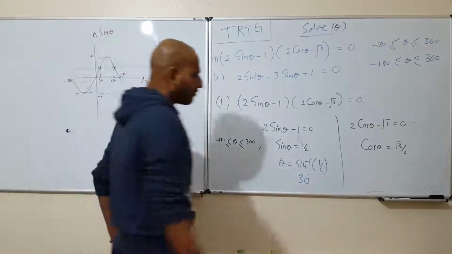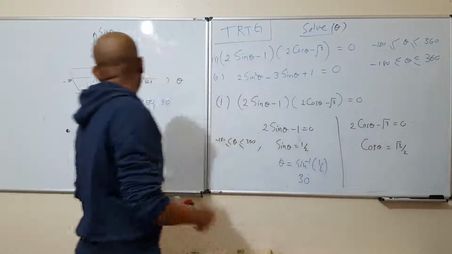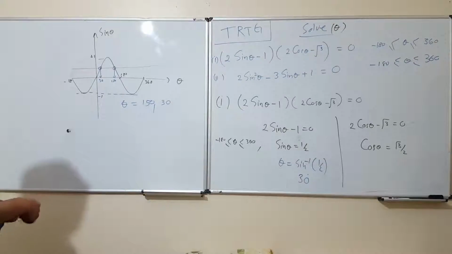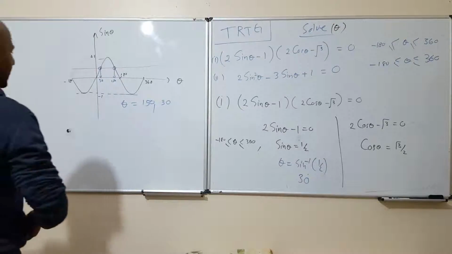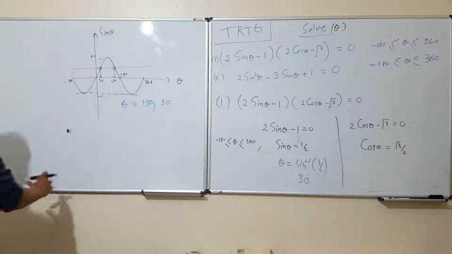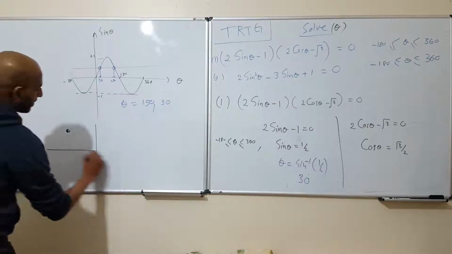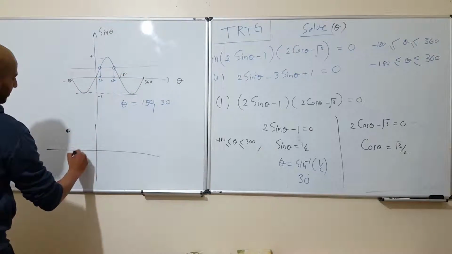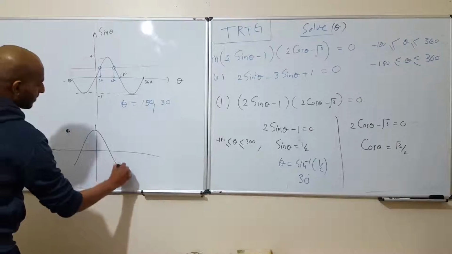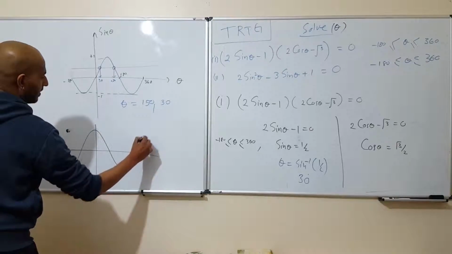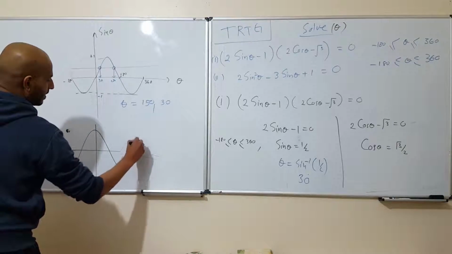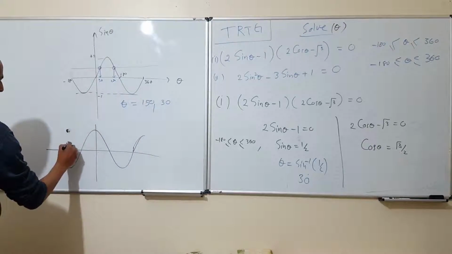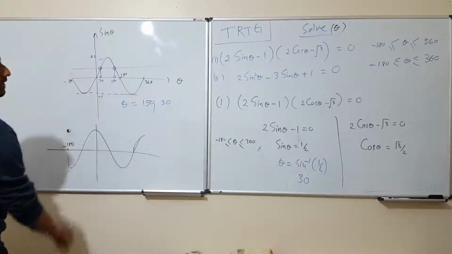And there's another one. However, don't forget cos theta equals root 3 over 2 as well. So we can do that separately. Let me draw the cos theta graph for the same range, from minus 180 to plus 360.